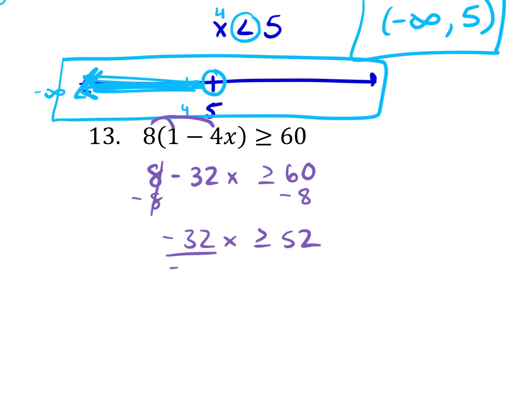Then we divide by negative 32. What do I have to remember to do when I divide by a negative number? Flip the sign. So our sign goes from greater than or equal to now less than or equal to. So anytime you divide by a negative number, you have to flip the sign.